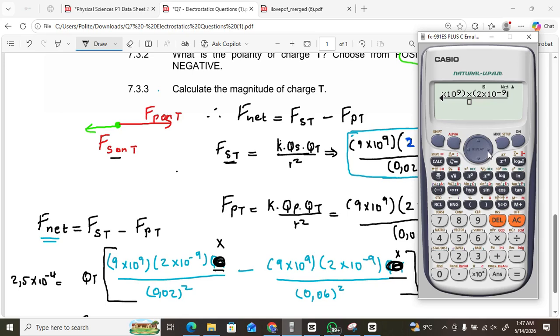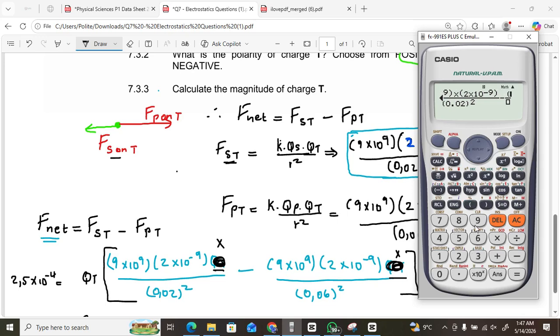I'm just praying that we don't get an error. So everything is divided by 0.02 squared. And then I'm going to put the negative sign there. Then I'm not sure if I should put that other bracket inside the bracket. I don't know, but it's fine.